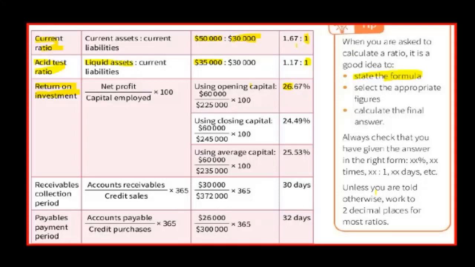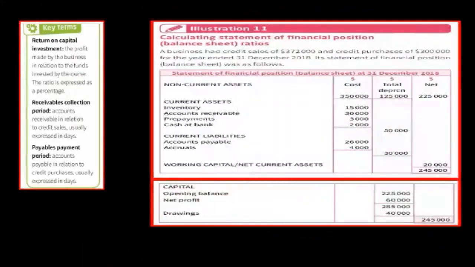Now we're looking at the receivables. We take the accounts receivable divided by the credit sales. Where did we get these figures from? We're told up here that our credit sales was 372,000 and our credit purchases is 300,000.